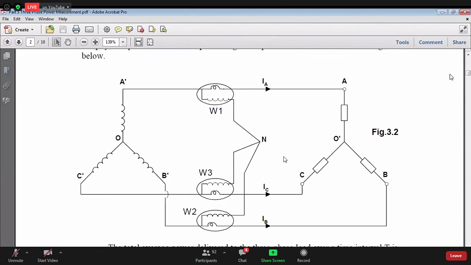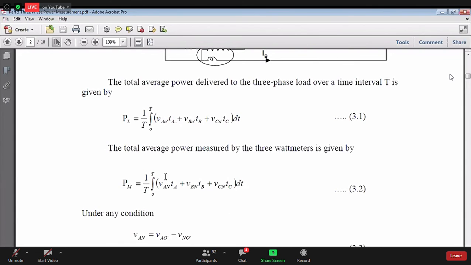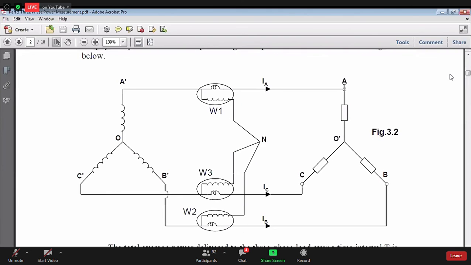Now you have raised a good question. I have one voltage VAN and another voltage VAO prime. If you look at the two equations, IA, IB, IC are present in both equations, but in one I have VAO prime and in another I have VAN. That means in this diagram, what is the relationship between these two voltages, VAN and AO prime? Now let me apply it. Say A to N. You can always ask what the path from A to N is.